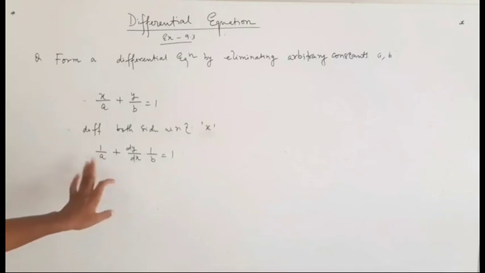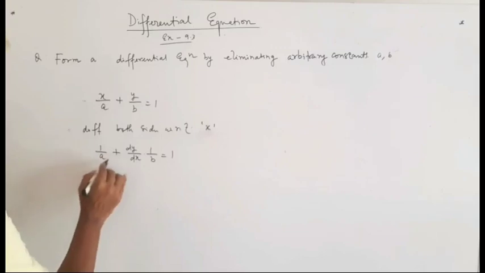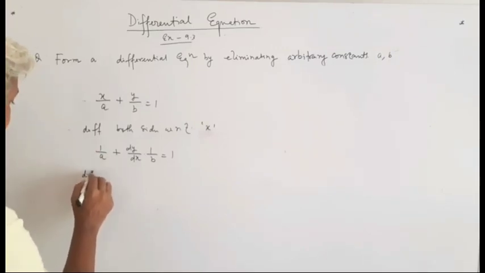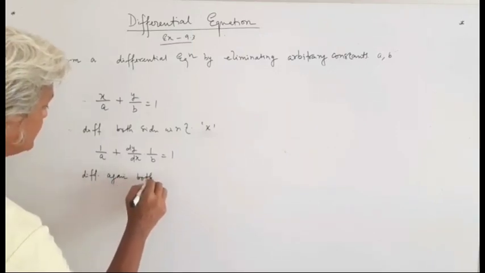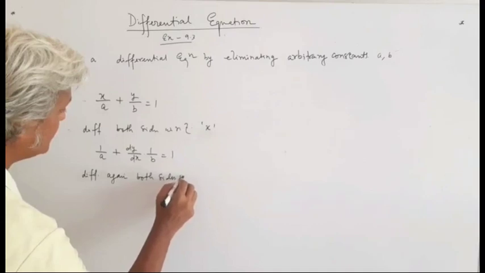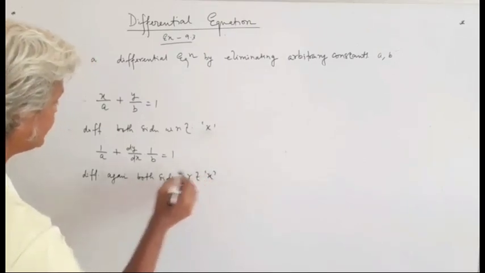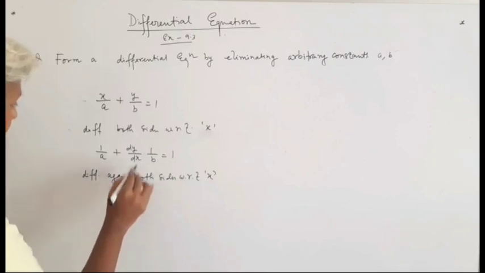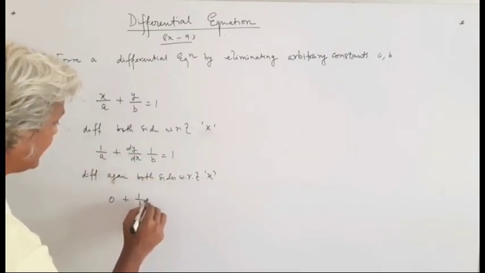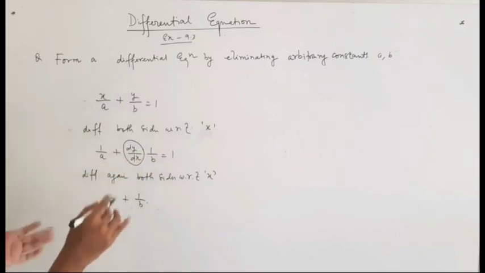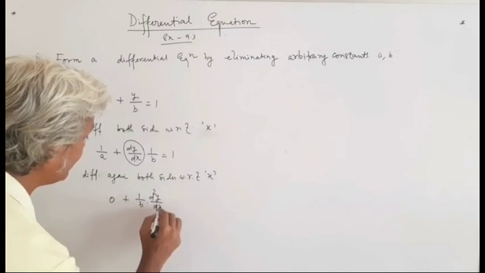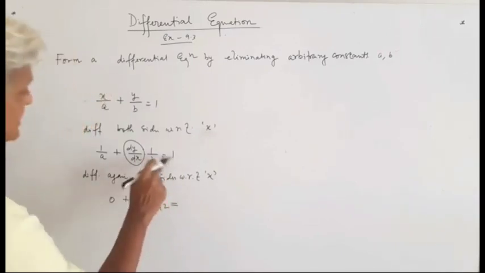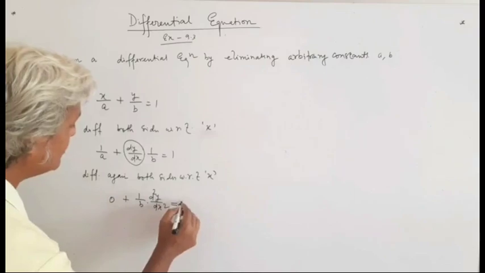Now we have to differentiate one more time. 1 over a is constant, so differentiating both sides again with respect to x, what do you get? 0 here, plus 1 by b is just a constant, and if you differentiate dy by dx with respect to x again, you get d square y over dx square, and the right side 1 is differentiated to 0.